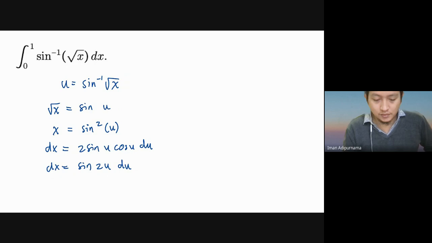Since it's a substitution, we need to also substitute the endpoints. When x is 0, u is also 0. When x is 1, u will be pi over 2, right?